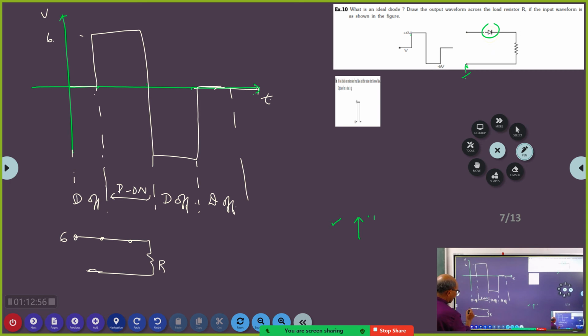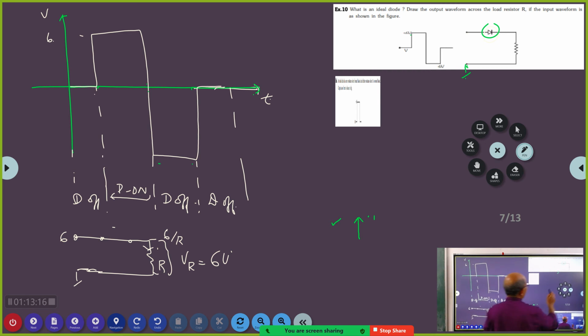The voltage here is 6 volts, so the current that will flow is 6 by R. No drop across the diode, so the voltage across the resistor V_R will simply equal 6 volts. And here also the diode is off, so 0.